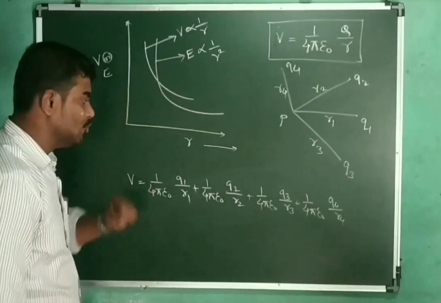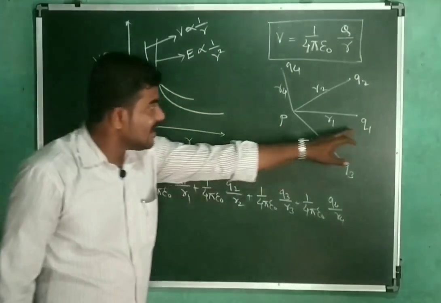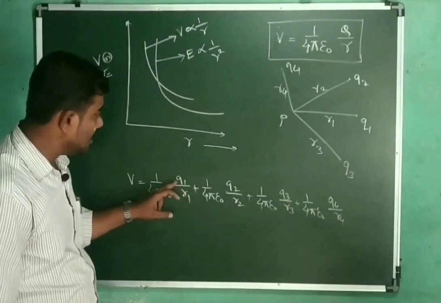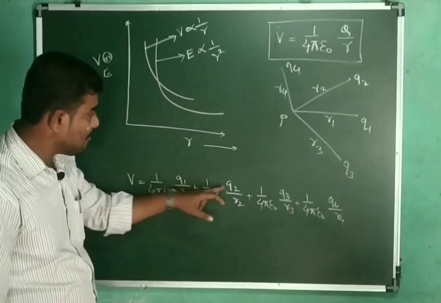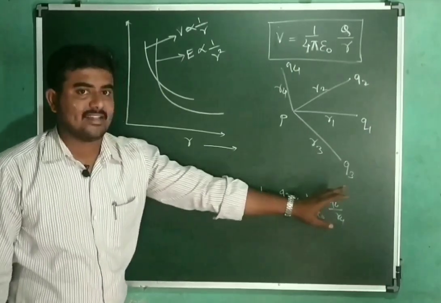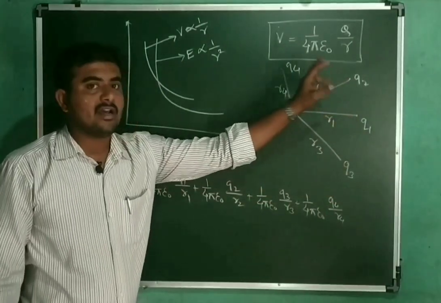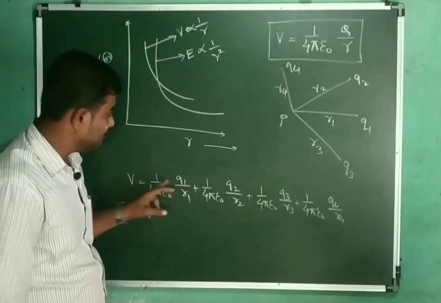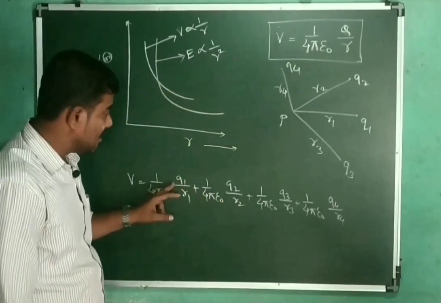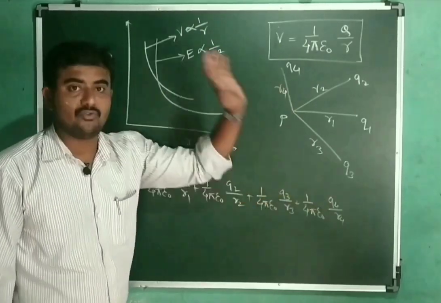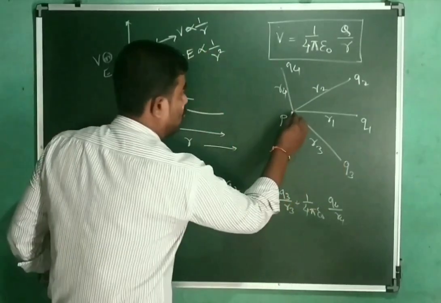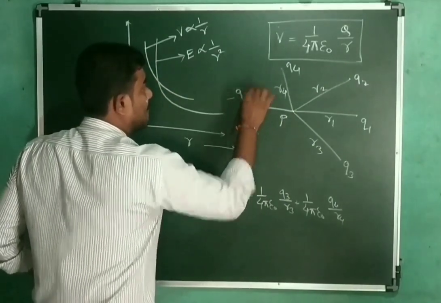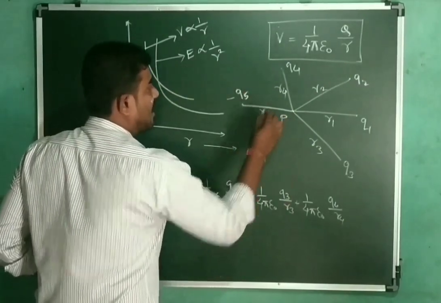Please do remember, we have considered all the charges as positive, therefore I have considered only plus Q1, plus Q2, plus Q3, plus Q4. If these charges are given as negative, then the formula is going to be minus Q1, minus Q2, minus Q3, minus Q4. Or you can consider one more charge here, minus Q5, located at a distance of R5.